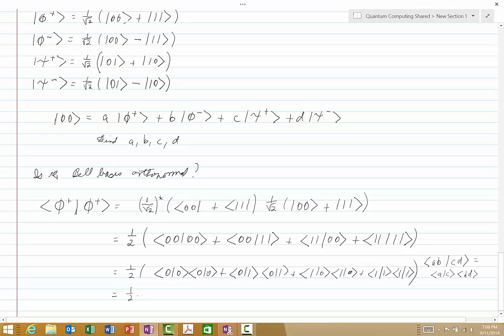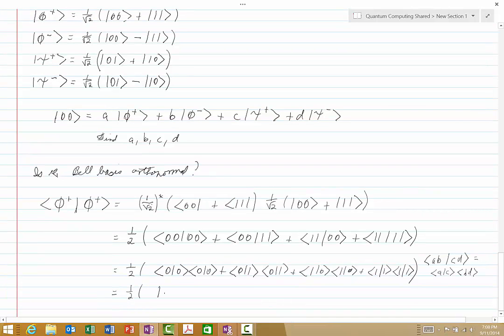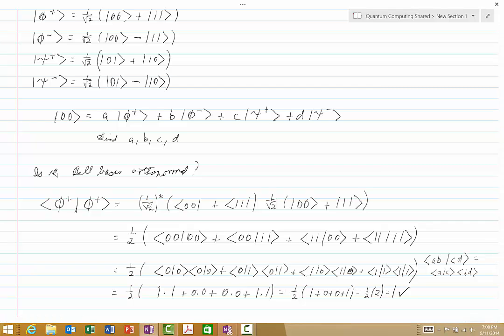And so this becomes 1/2 of 1 times 1 plus 0 times 0 plus 0 times 0 plus 1 times 1, or 1/2 of 1 plus 0 plus 0 plus 1, or 1/2 of 2, which is indeed 1. So the inner product of phi plus with itself is 1.